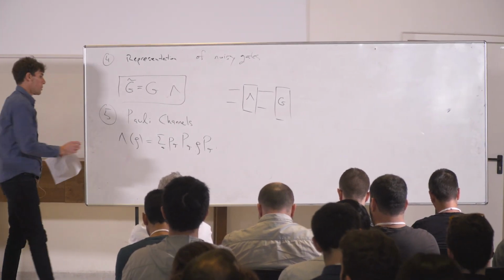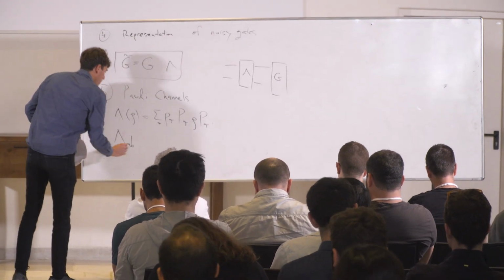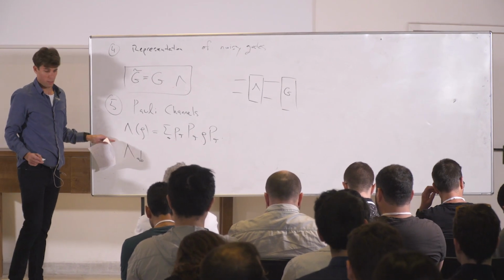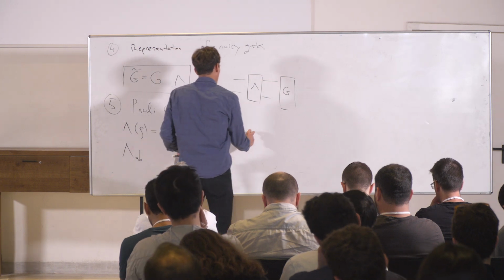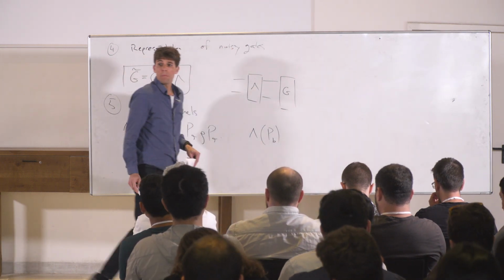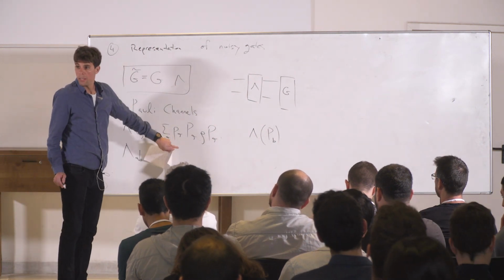And we also discussed yesterday that the matrix form for representing this channel is a diagonal matrix. Let's see why. What happens if I take this channel and I apply it on a Pauli PB? Let's insert this Pauli PB into this definition.